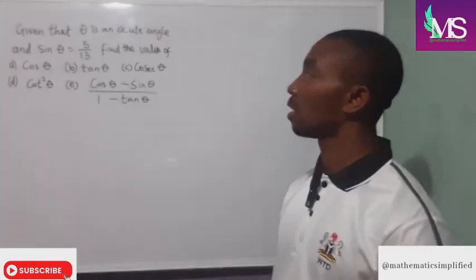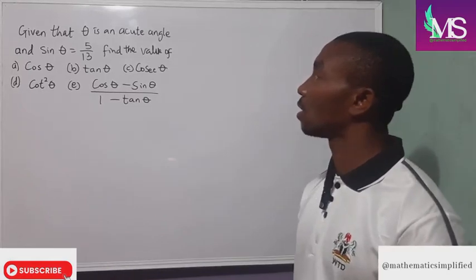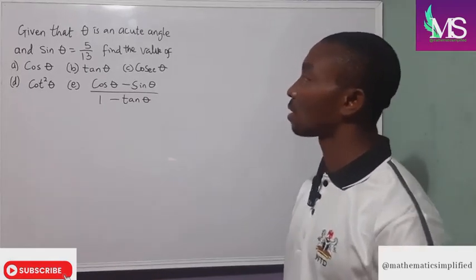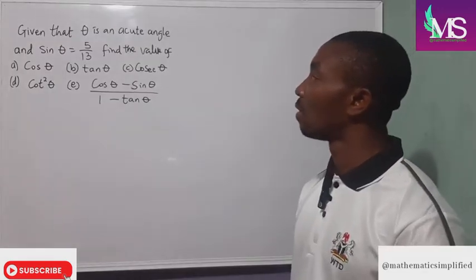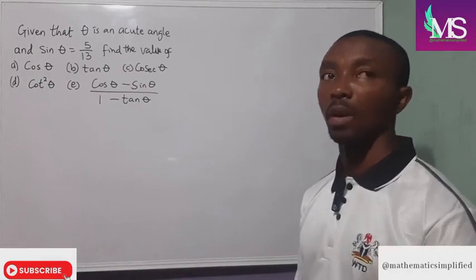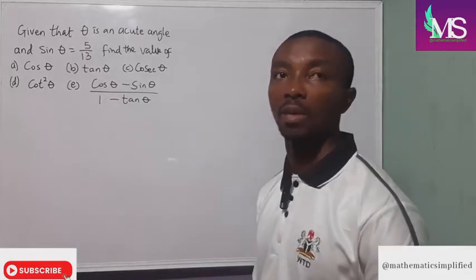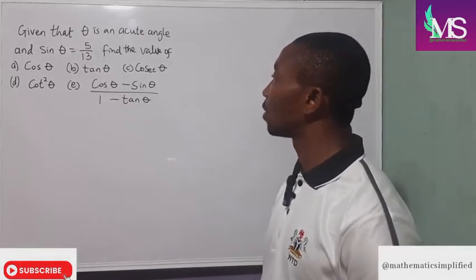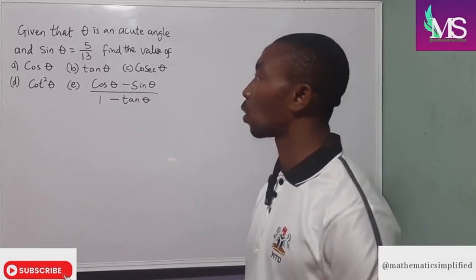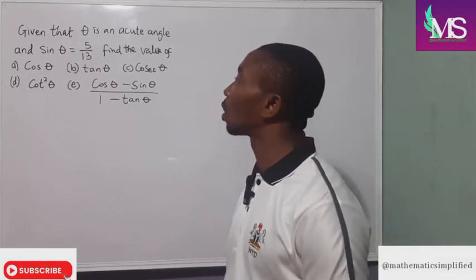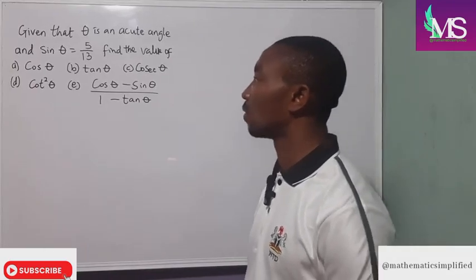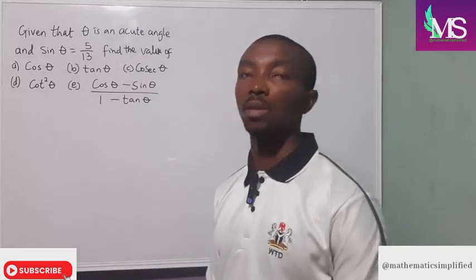Our next question says, given that theta is an acute angle and sine theta is 5 over 13, find the value of a) cos theta, b) tan theta, c) cosec theta, d) cos squared theta, and e) cos theta minus sine theta divided by 1 minus tan theta.